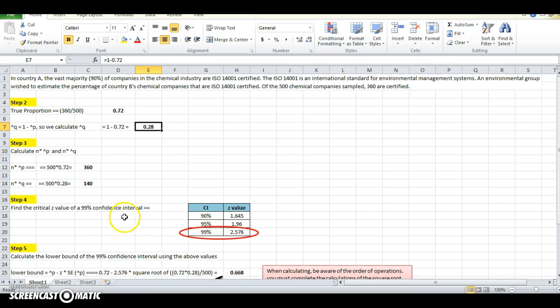If it's 95%, alpha equals 0.05. So you get the gist of that for future reference. But for our 99% confidence interval, our z-value from our table is 2.576.